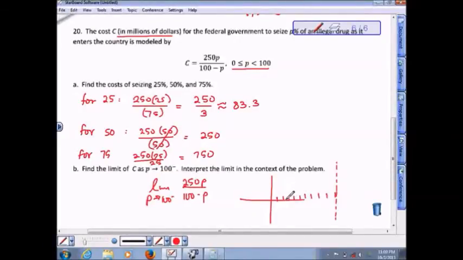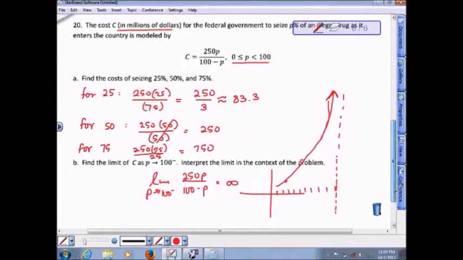So at 25%, which was about right here, they were at 83 million. At 50%, they were at 250. At 75%, they were way up here. So as the graph approaches this vertical asymptote of 100, where's the graph heading to? And the answer is it's heading to positive infinity. So the answer to this is infinity.